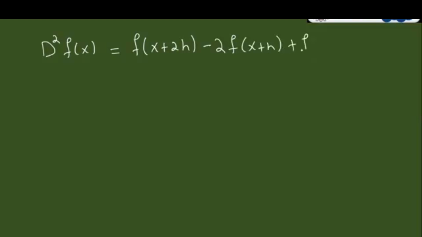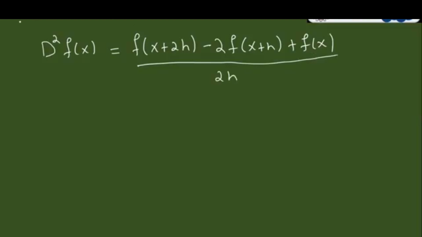For second order, the derivative of f at x based on forward difference could be defined like that: f of x plus 2h minus 2 times f of x plus h plus f of x, and this whole quantity is divided by 2 times h.